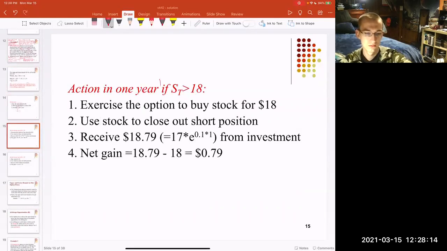So if the stock price is greater, you need to differentiate the case for stock price and the strike price. So if stock price is higher than the strike price, you should exercise the call option, right? Because you buy the stock, you can buy lower, which is the strike price, and use the stock to close out the short position.